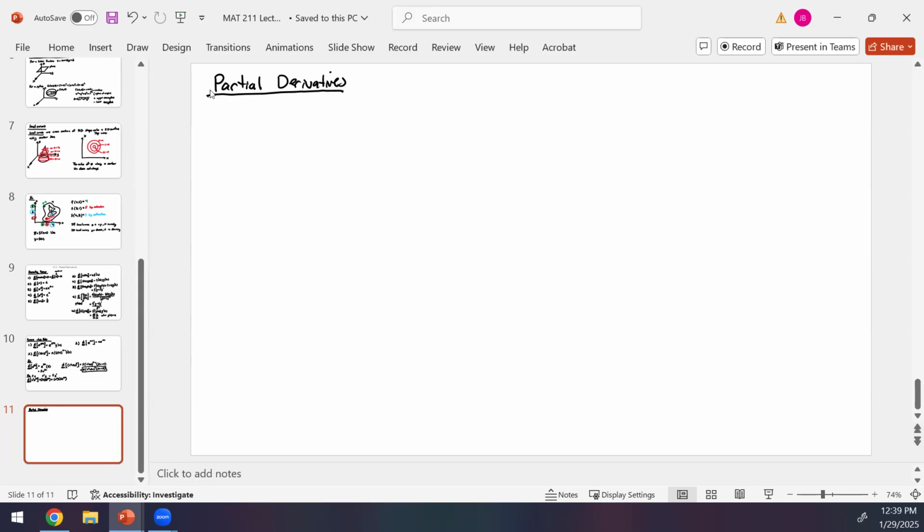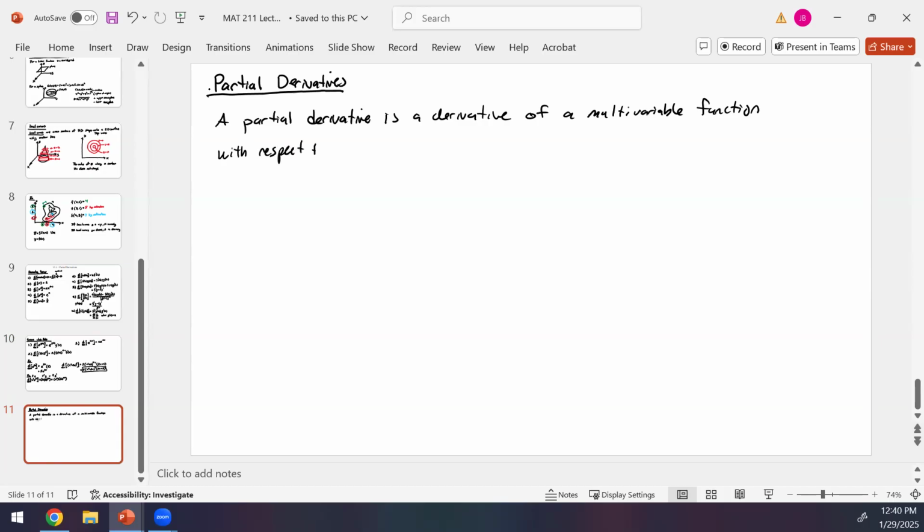And that's the tricky part. And that takes time to get used to. So a partial derivative is a derivative of a multivariable function with respect to a certain variable.